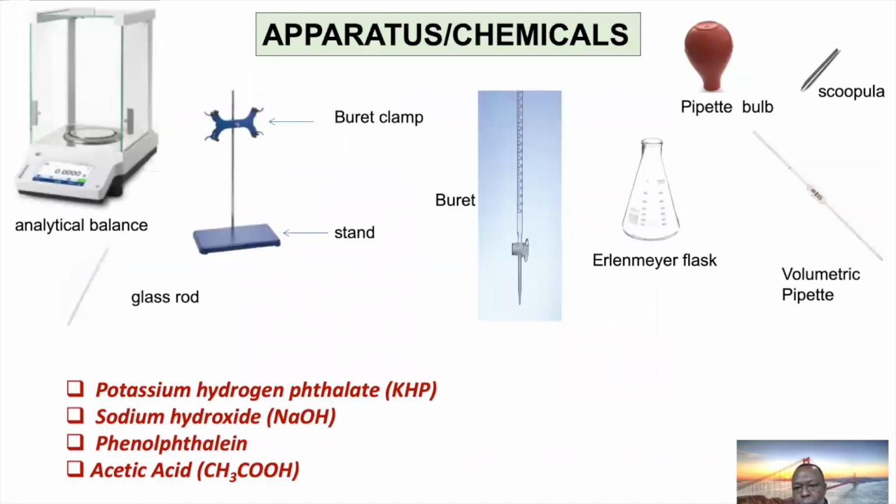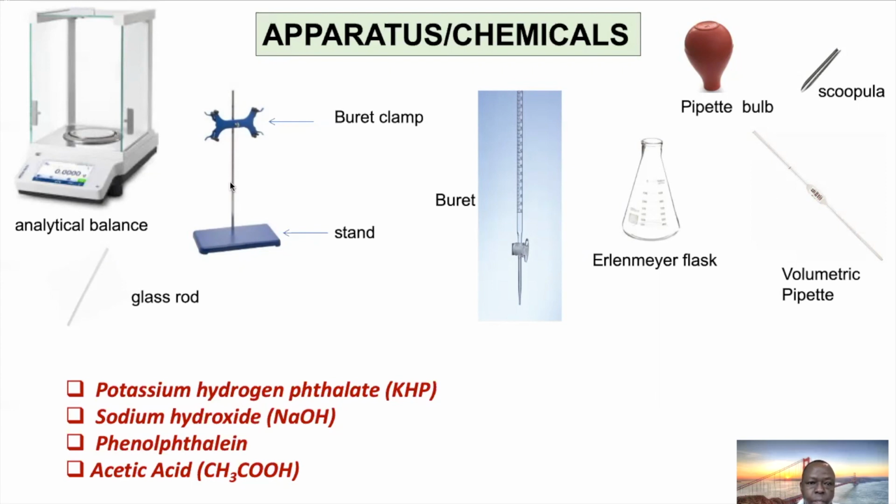I'll get into the data sheet in a minute, but what you see on the screen are the apparatus you are to use in this lab. The analytical balance is for weighing out the solid reagent, the mass of KHP, potassium hydrogen phthalate, so that you find the molarity.